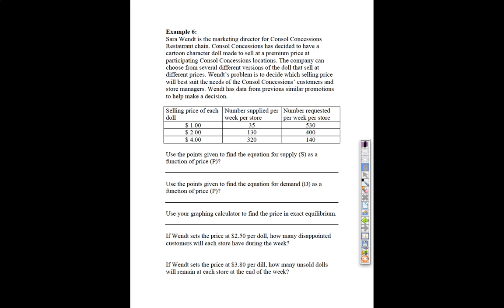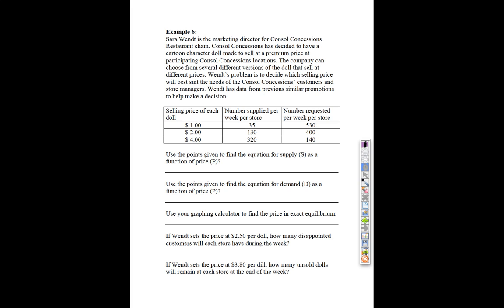It is dollar. This is from previous promotions. They supplied 35 to the store. The number requested per week per store was 530, and you can read the rest. So it says use the points given to find the equation for supply as a function of price.